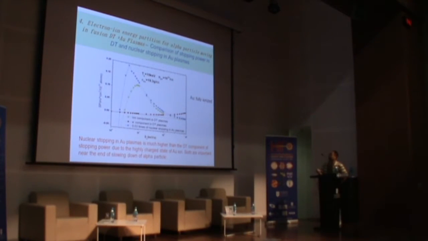We can say that in this condition the Gild is fully ionized. Nuclear stopping in Gild plasmas is much higher than the DT component of stopping power. The reason is that the highly charged state of Gild ion, this one and this one, are important near the end of slowing down of the alpha particle.